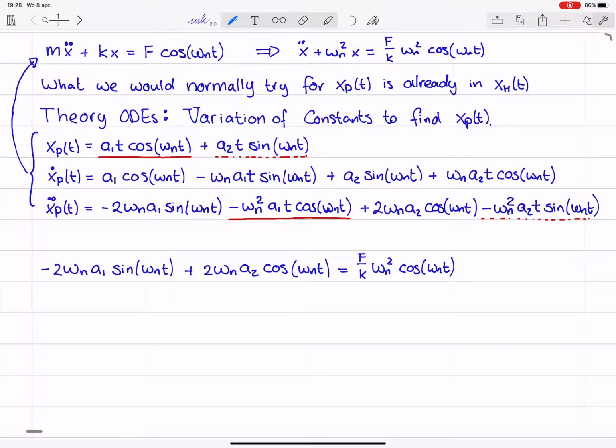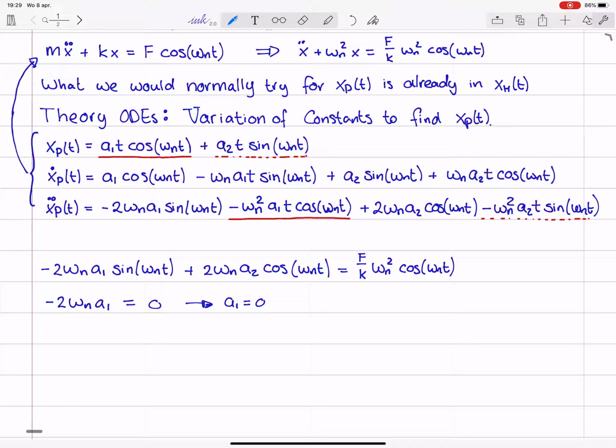All right. I have two unknown coefficients, a1 and a2, and I can determine them by equating left and right the cosines and sine terms. So if I compare the sine terms, we just have that minus 2 omega n times a1 should be equal to 0, because there are no sine terms on the right hand side. So this means that a1 is equal to 0.